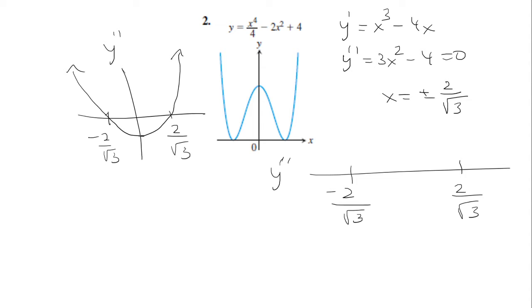And then at 0, it's negative 4. So it's a lot easier now to find where it's positive and negative. So obviously, it's going to be positive, negative, positive. And so it's concave up, concave down, concave up.